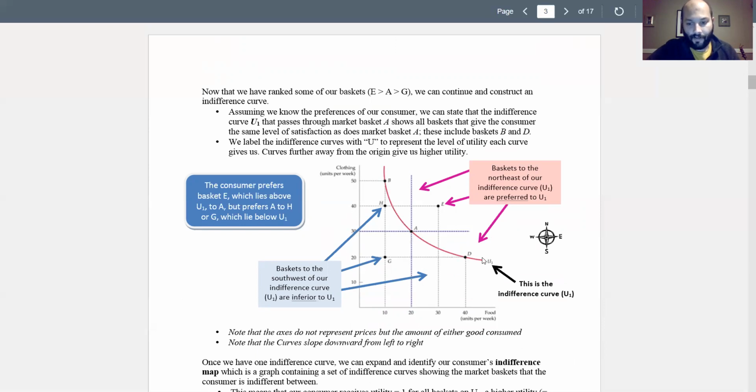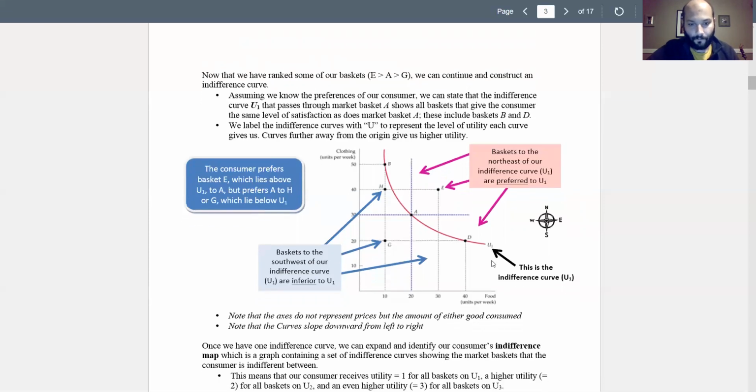Suppose this was one indifference curve for a consumer, U1. What this is saying is that point B, 50 clothing and 10 food, provides U1 utility to this consumer, which is the same as 30 clothing and 20 food, also U1, and 20 clothing and 40 food also makes this consumer equally happy.